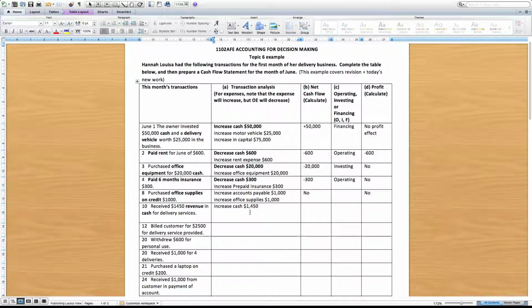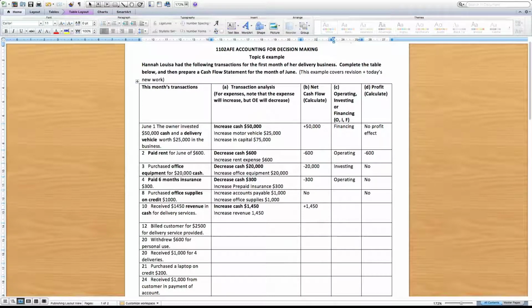We received cash for revenues, so we can write increase revenue for $1,450. So our net cash flow, again, you're after the effect that has got cash in it. We have an increase in cash, so our net cash flow is going to be a plus $1,450.